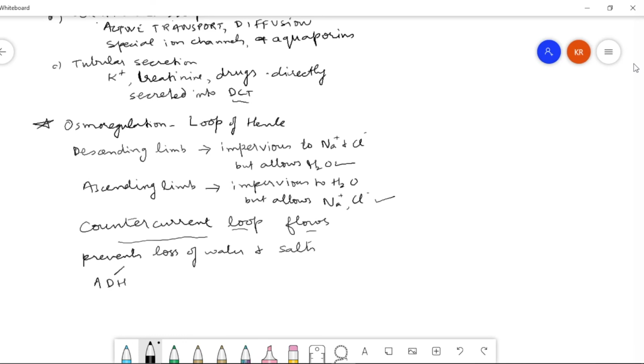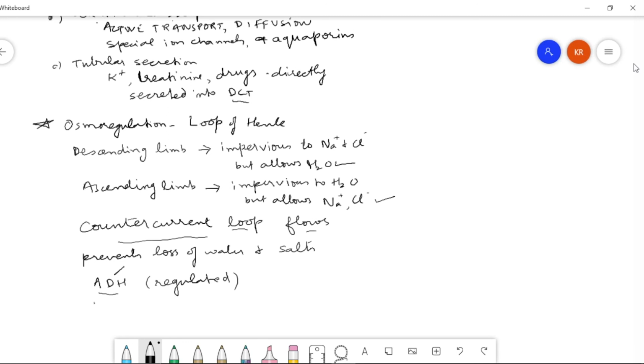This is under the control of antidiuretic hormone, regulated by antidiuretic hormone. But the scope of how it happens is not there in the syllabus. We just mention that the ADH is there.